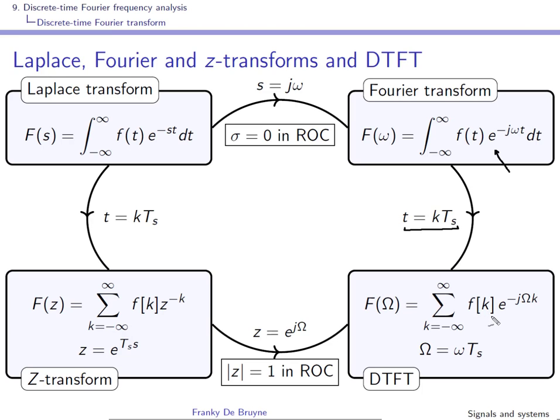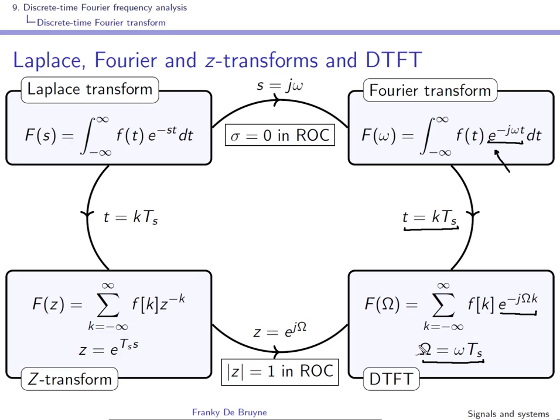Of course, you have to remember that in the background there is this sampling period Ts, and if you replace it in here, you can write this exponential of minus j omega t as the exponential of minus j capital omega k, where omega is this capital omega here.